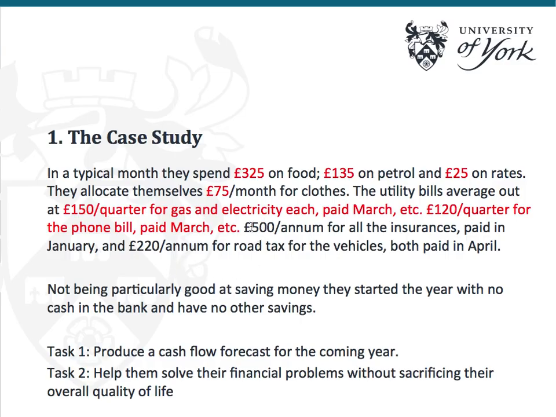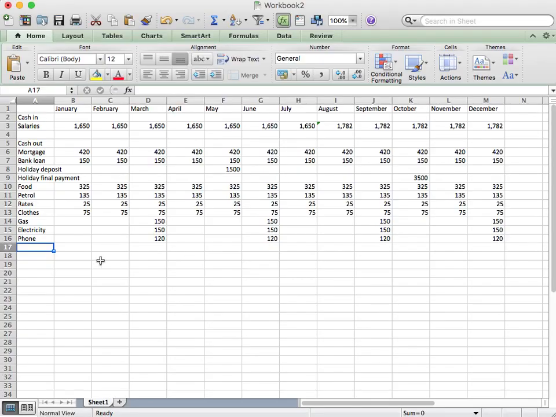Then we have an annual payment of 500 for insurances that are paid in January, and 220 for road tax. So that's identified that one as well. So okay, let's do the insurances for 500 in January and the road tax 220 in April.